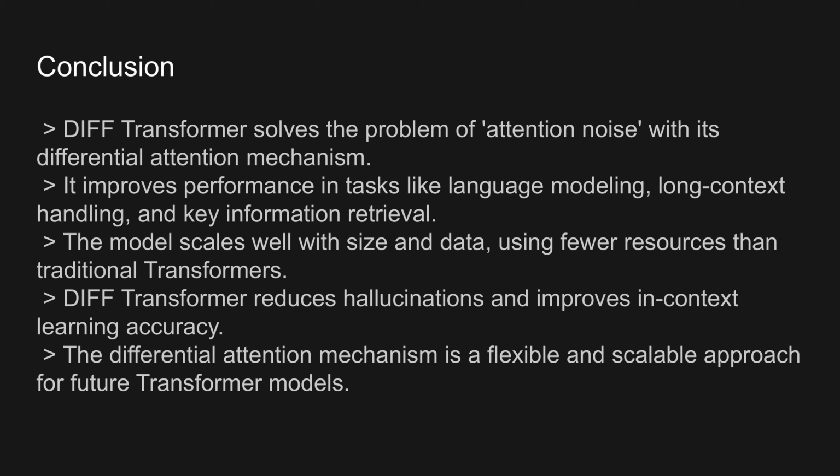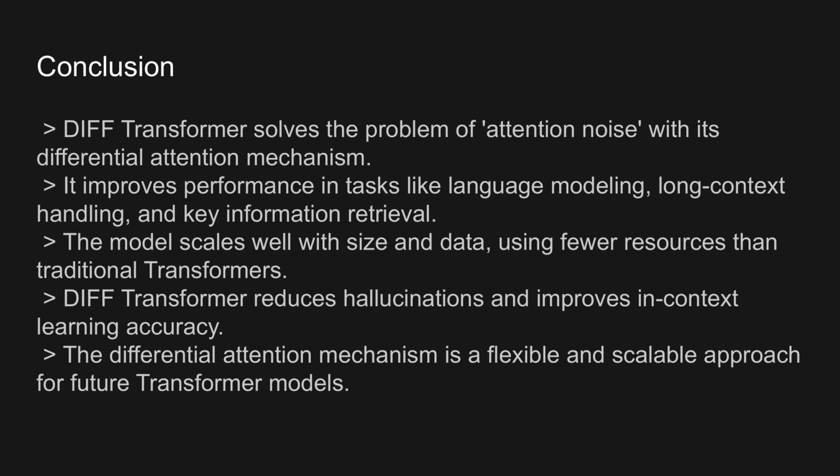We covered a lot today, starting from its differential attention mechanism, how it handles long context tasks better than traditional models, and its efficiency and resource usage compared to standard transformers. Yeah, and I think it was really interesting to see how it also reduces hallucinations and improves key information retrieval. Definitely a model that could be a game changer for handling large-scale data.